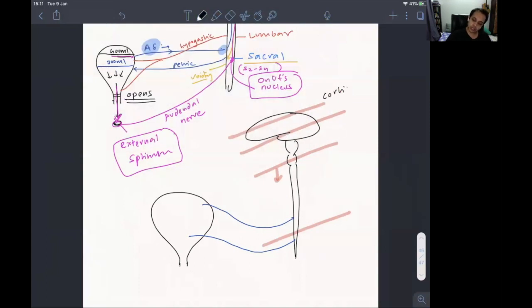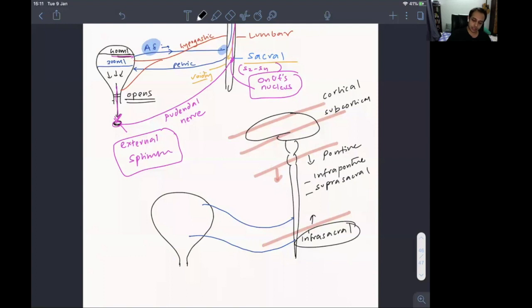So there's a cortical lesion. You can have a subcortical lesion. You can have a pontine or an infrapontine, suprasacral lesion. So what does this mean? It is below the pons but above the sacrum, or you can have an infrasacral.